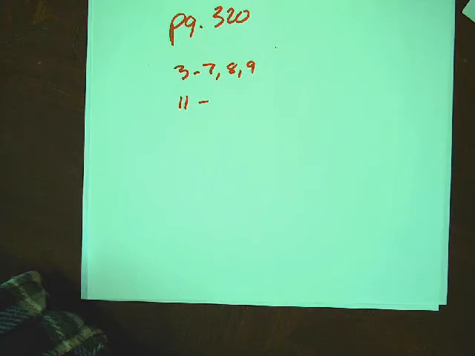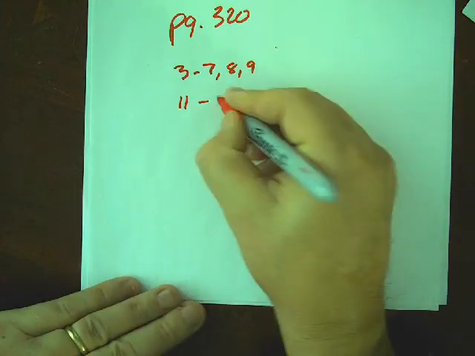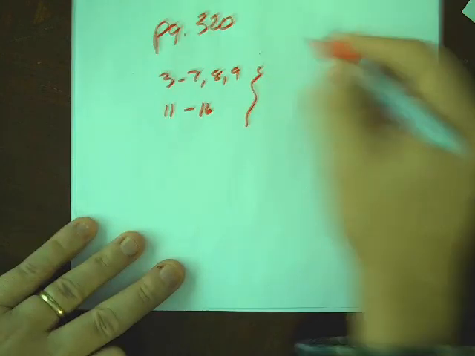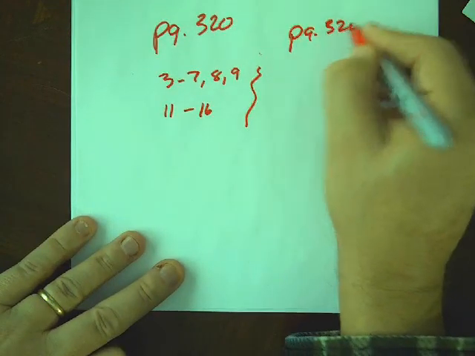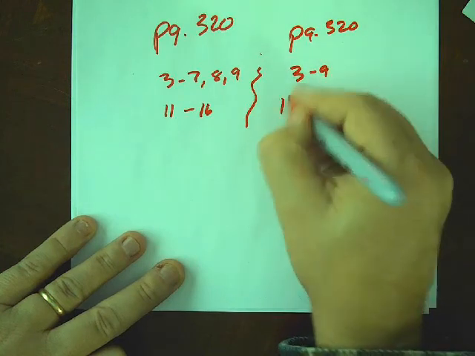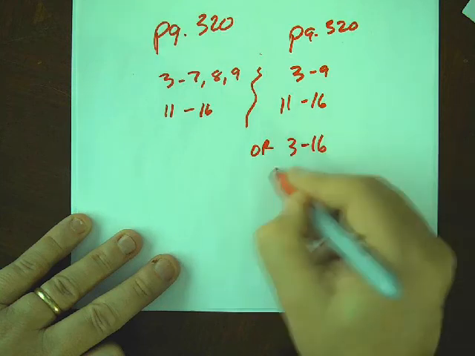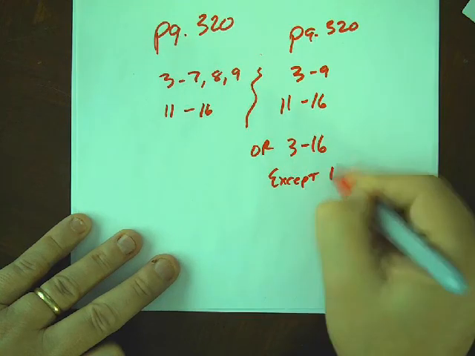I like 13. I like 14. I like 15. And we'll go through 16. So 11 through 16. All right, so if I'm going to rewrite this a little bit neater, page 320, 3 through 9, 11 through 16. Or you could say 3 through 16, except number 10.